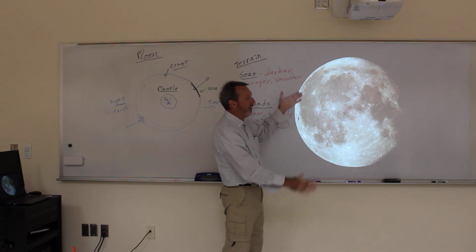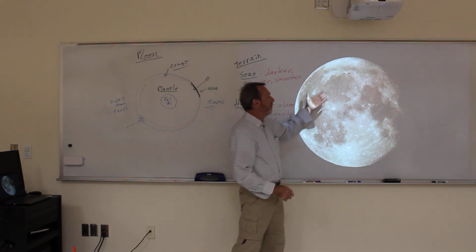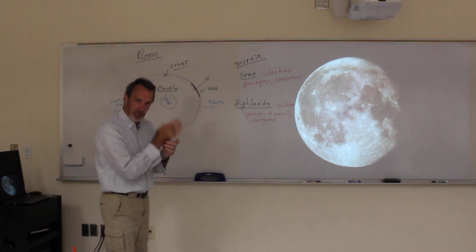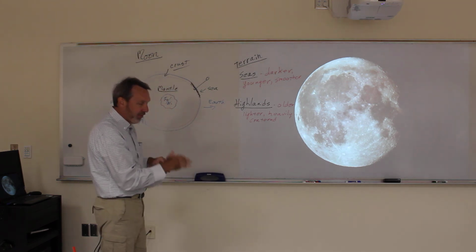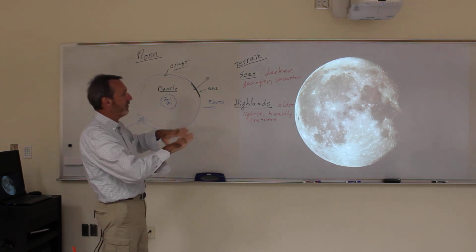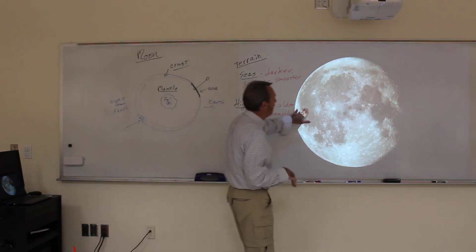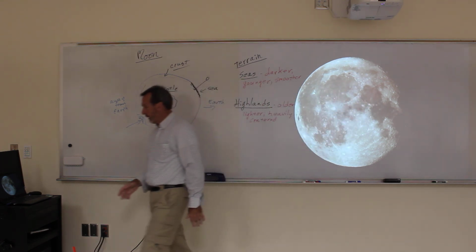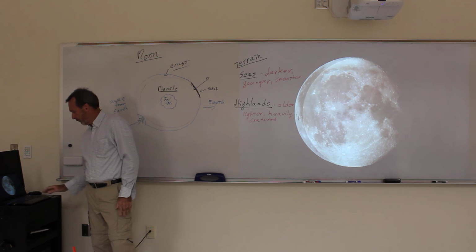The lava flowed up and smoothed it out. But it smoothed it out after the heavy bombardment. Remember, early in the solar system, there was lots of cratering. After that had kind of tapered off was when all this smoothing occurred. That's why there's not as many craters in these areas, because it's a much younger rock on the moon.